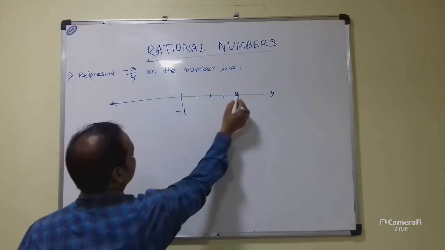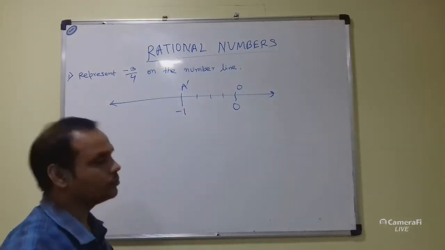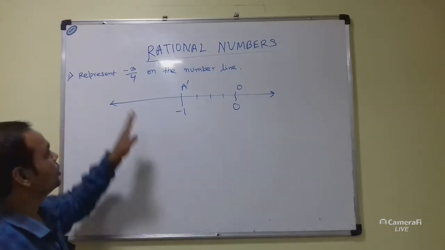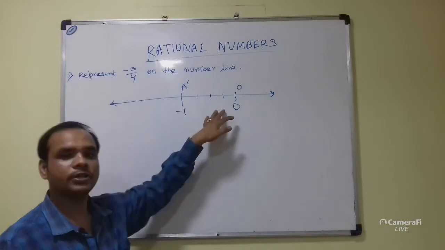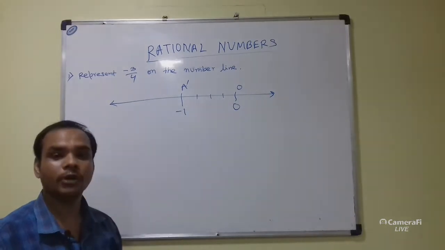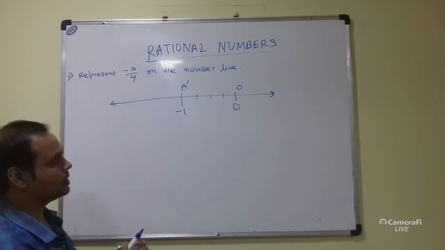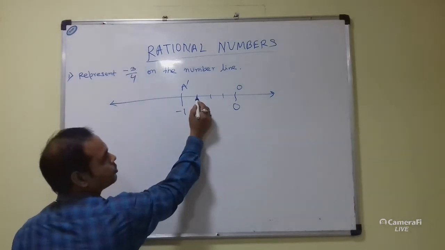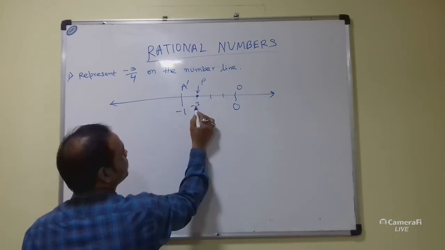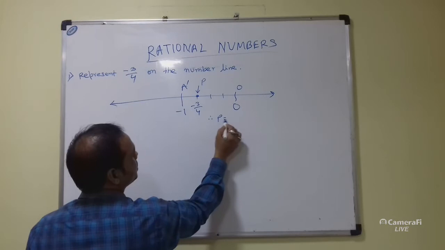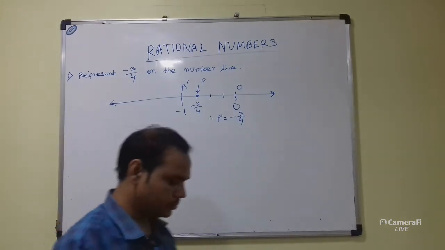So it is -1, and you can name it OA or OA dash, whatever you want. The denominator is 4, so we divide this unit value into 4 equal parts, and take 3 parts out of 4 parts: 1, 2, 3. This is our required point. Therefore P is equal to -3/4. I hope you understood.